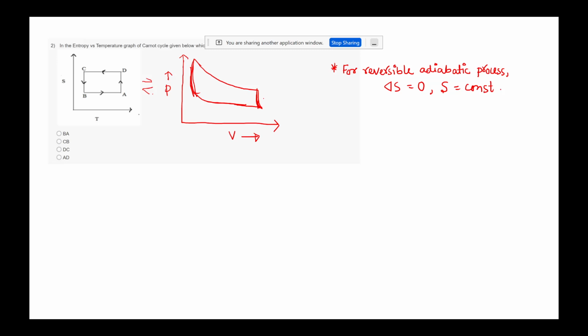Now, which has lower temperature? That can be one graph, because this isothermal curve is of higher temperature.